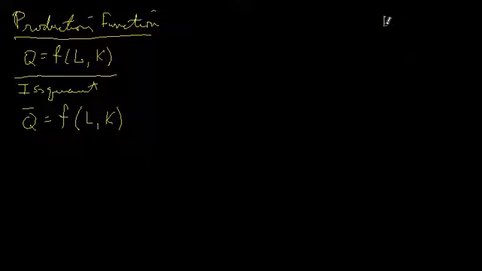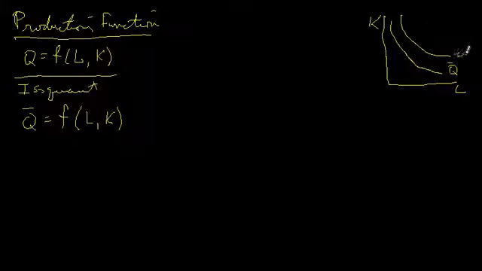And we can show over here, we know that in economics class, these outputs are different isoquants, different levels of output. So here's an output Q bar. Here's a higher level of output Q prime, and so on. And along each of these isoquants, you have all the quantities of capital and labor you can use to produce that level of output.